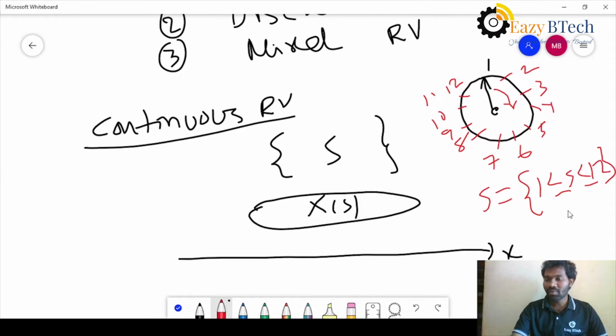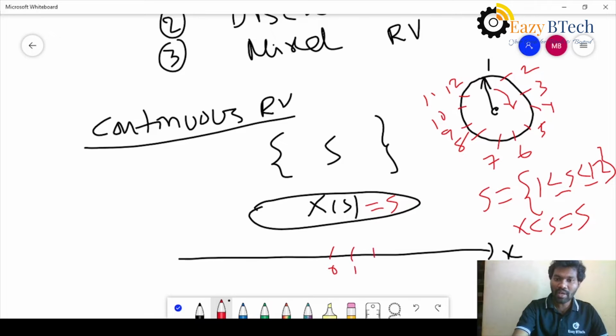Now if I say x of s equal to s, so I am assuming x of s equal to s, then x of s has infinite values, s has infinite values. Now what I have to do is map all the values of s onto the real axis.